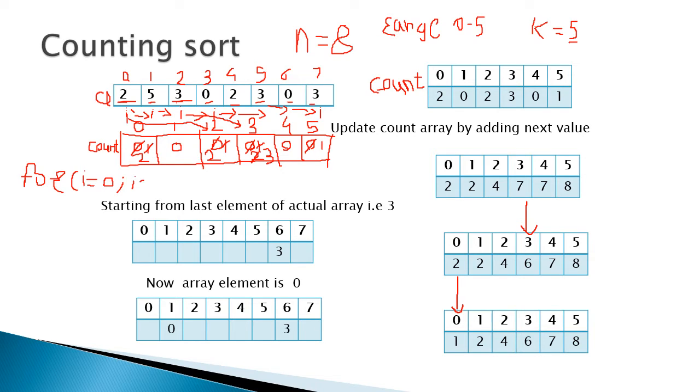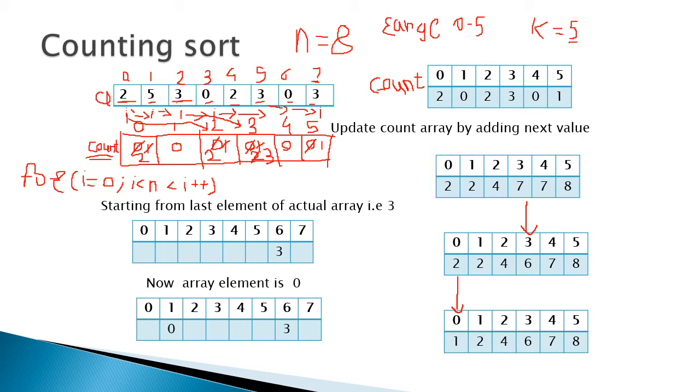The terminating condition should be i less than n, because i increments till this point, till 7. That's why i is less than n, and i plus plus.